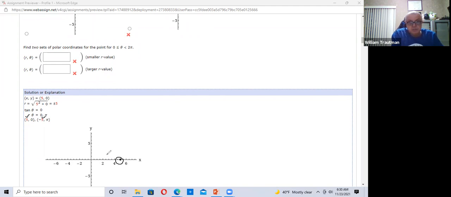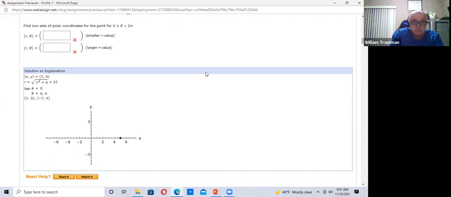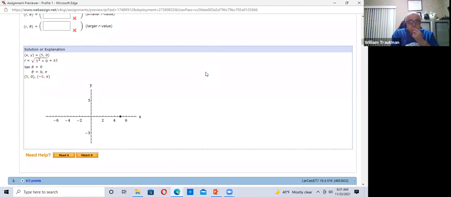And you can also go an angle of pi with a negative 5. Kind of cool. So those are our two coordinates.